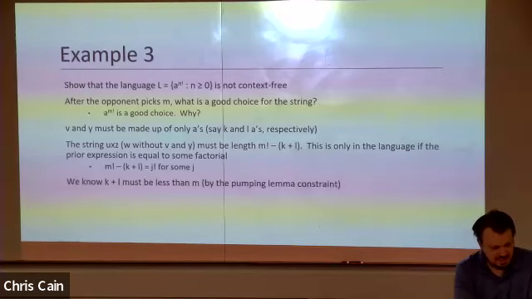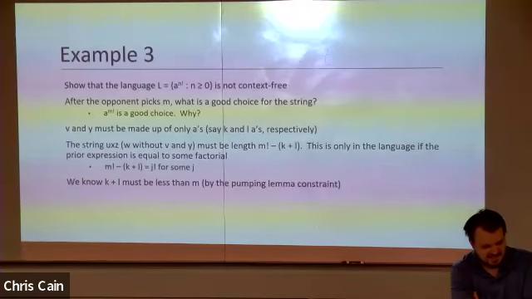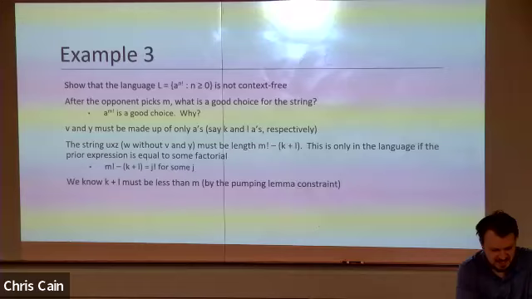We know k plus l has to be less than m because of the constraint that the length of vxy has to be less than or equal to m. So k plus l has to be less than m.